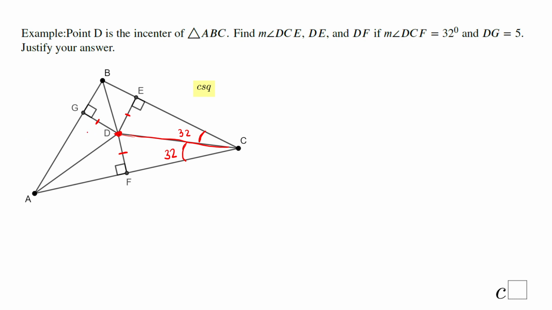So I think now we can answer all these questions. I just need to justify. So let's start with the angle DCE. Angle DCE is congruent to angle DCF. And the reason, we need to justify, is that DC is an angle bisector.